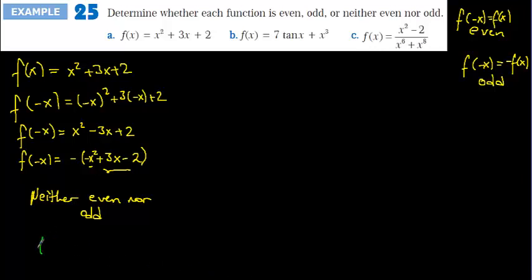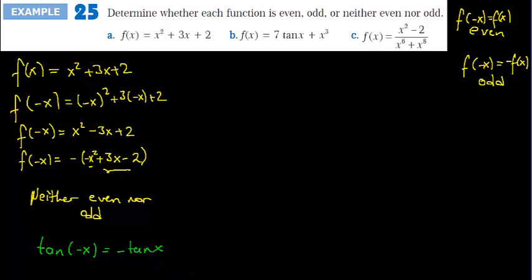If you remember, for negative angles, for tangent, cotangent and sine, the negative sign can be taken out. For the cosine, you cannot take it out. So tangent minus x can be written as minus tangent x.